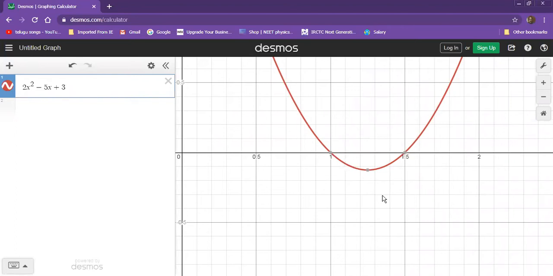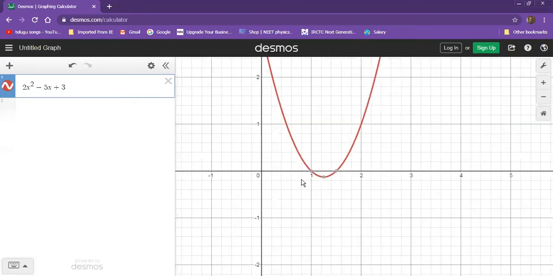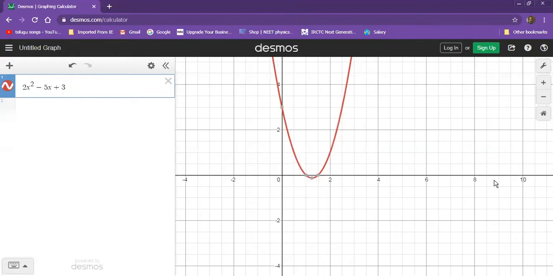So whenever the discriminant is greater than 0, the quadratic equation will have two roots which are real and distinct, different from each other. And that means the graph will cut x-axis at 2 points. Compulsorily it will cut x-axis at 2 points. This is x-axis. The dark line is the x-axis, and this dark line is the y-axis.